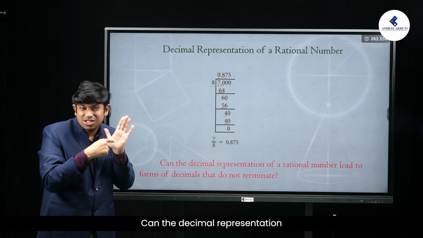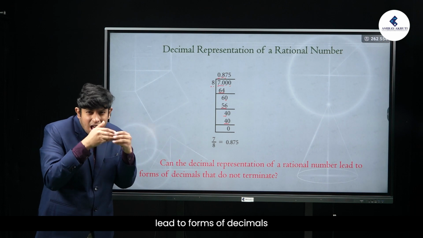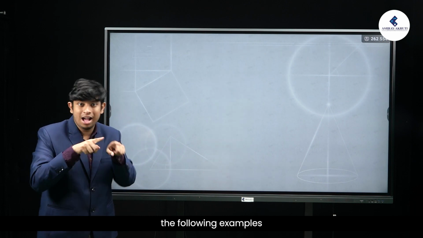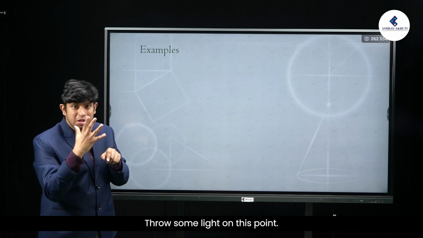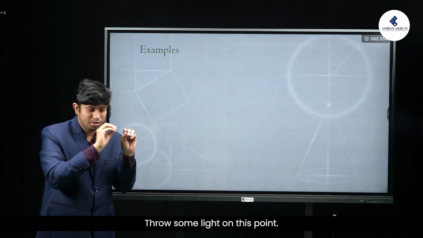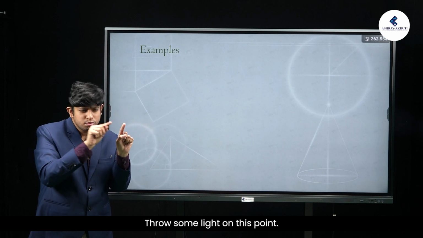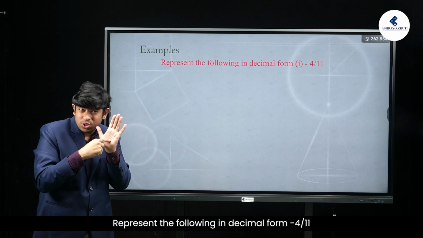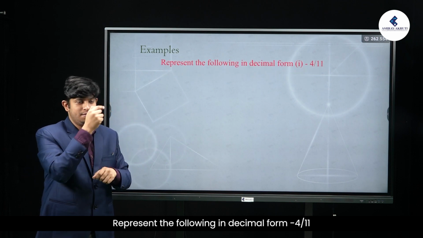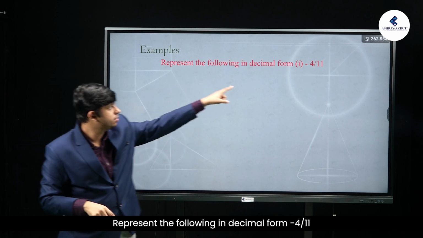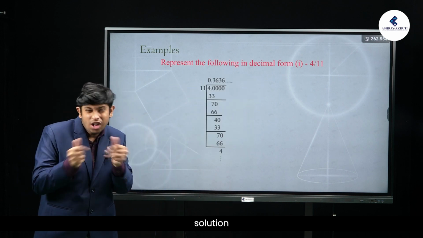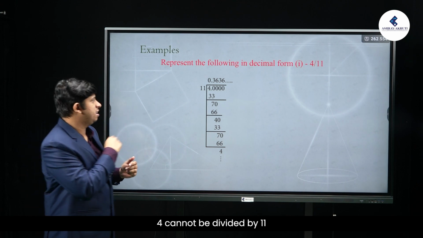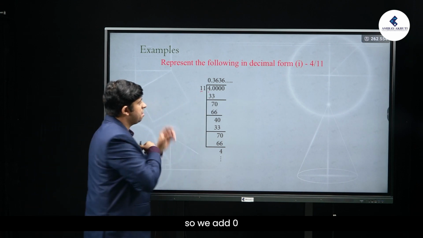Can the decimal representation of a rational number lead to forms of decimals that do not terminate? The following examples with non-zero remainder throw some light on this point. Example: represent the following in decimal form: minus 4 divided by 11. Solution: 4 cannot be divided by 11, so we add 0.